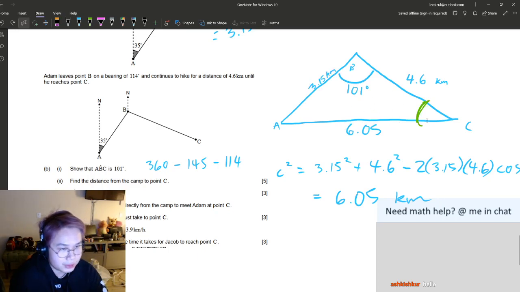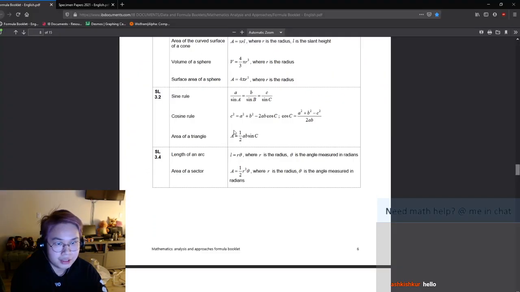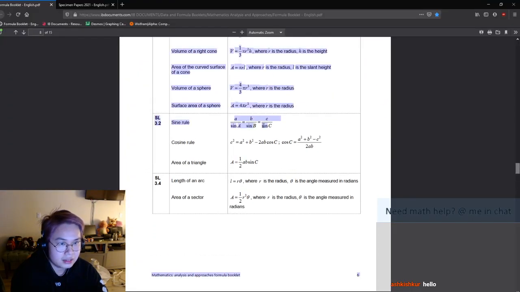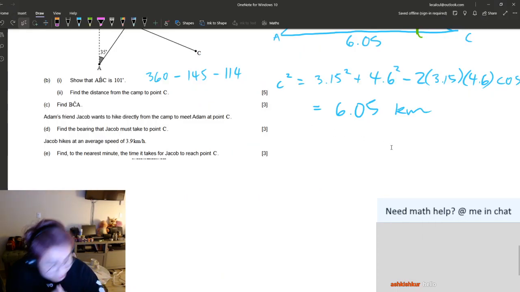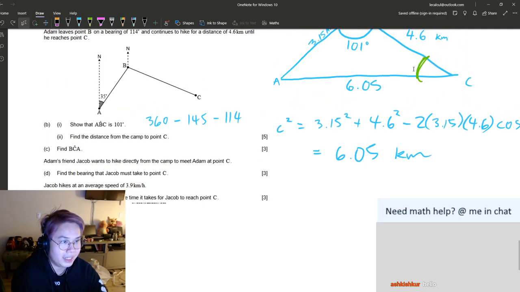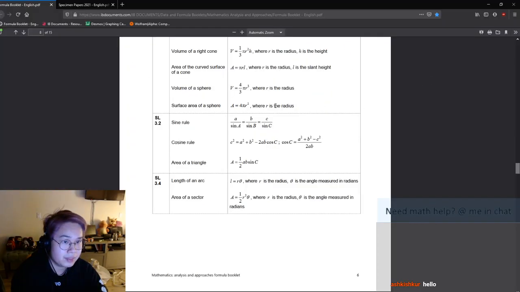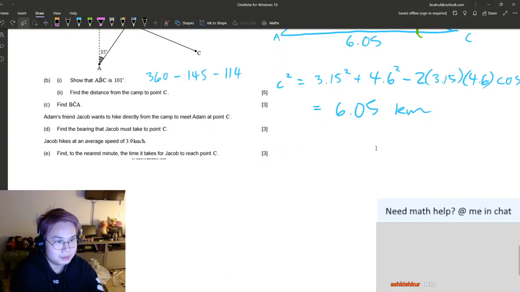And luckily, if you're in SL, they've gotten rid of the ambiguity, so you never have to worry about that. So if we go to our sine law, we have this. And then here's a hint. It's not in your formula book, but if you are solving for an angle, which we are in this case, we can also use the reciprocal. It might just save us a couple of steps. That's all.